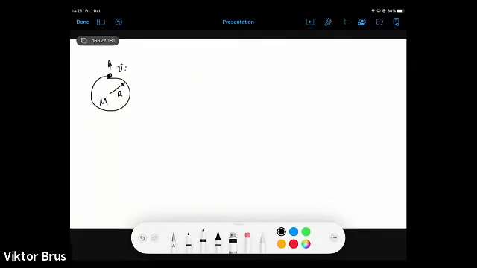We have both kinetic and potential energy of this projectile. So we have 1/2 times mass of the projectile times initial velocity squared.